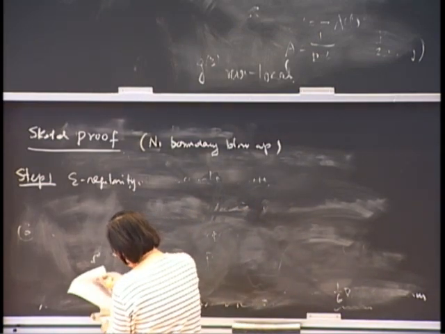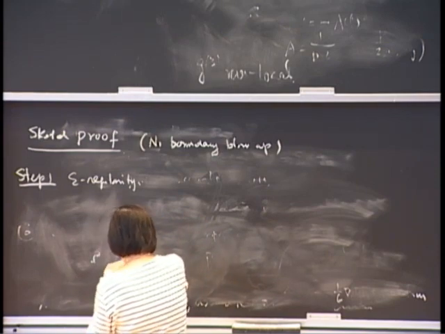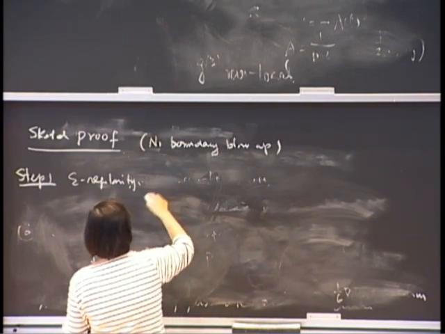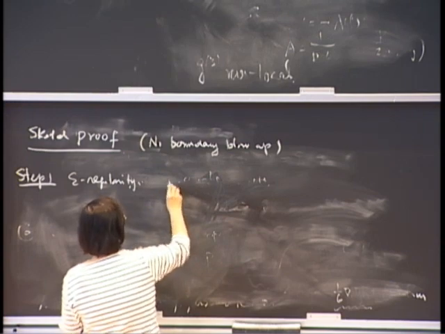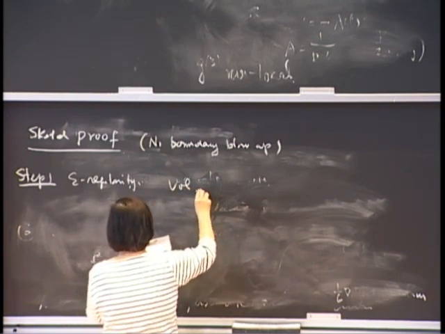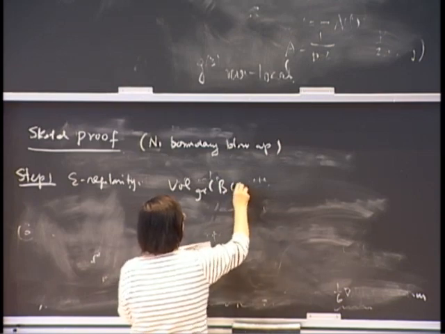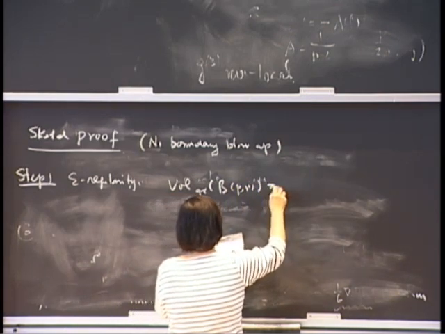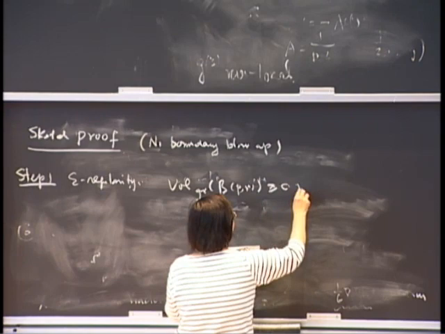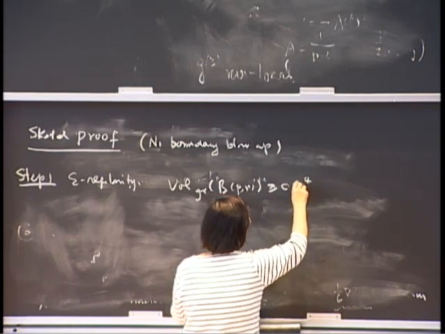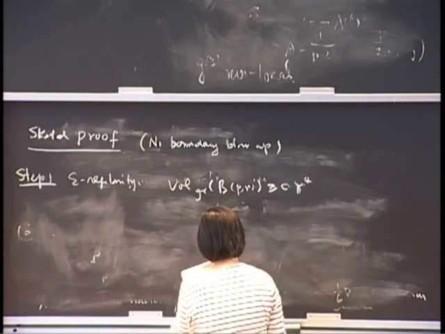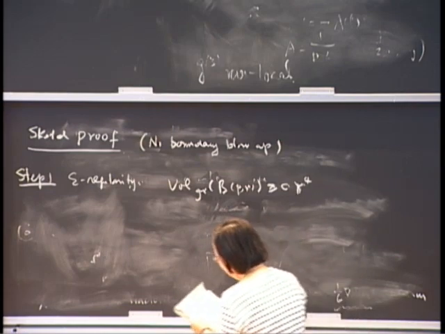The statement is as follows. Under the assumptions of the theorem, suppose the volume of the ball of g star is greater than or equal to some constant times r to the 4th, non-collapsing. That's why we needed the positive Yamabe assumption.